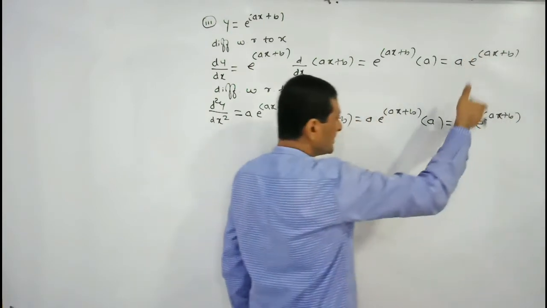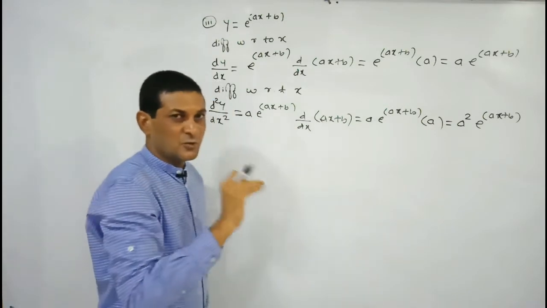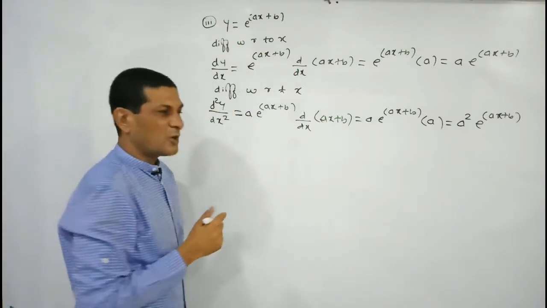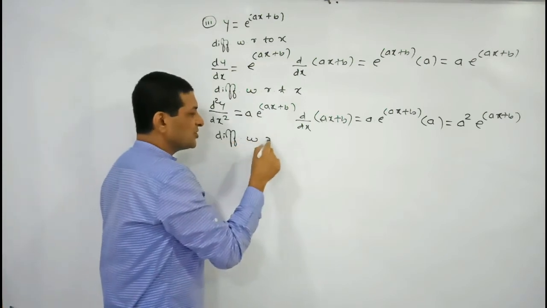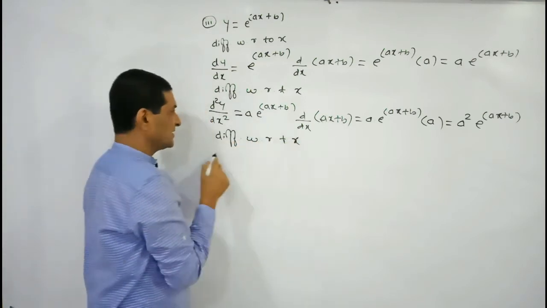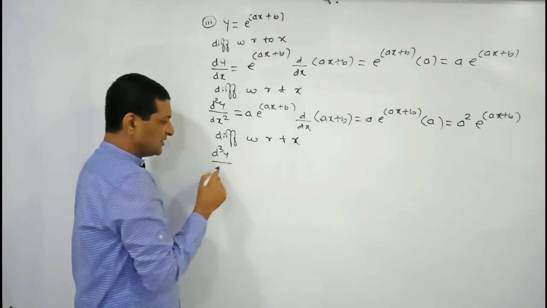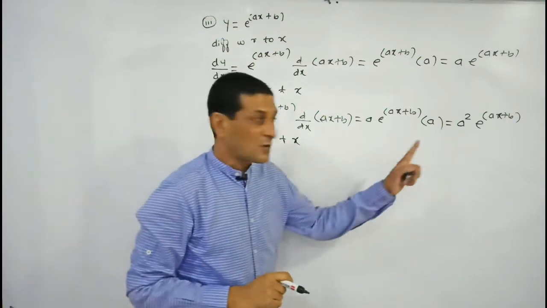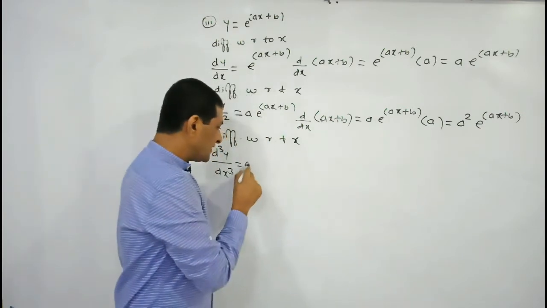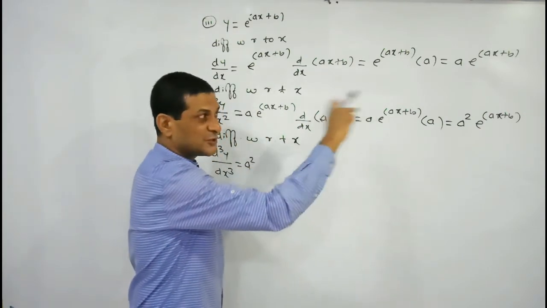Here from observing these two results also we are able to conclude what is the value of nth order derivative, but till we are finding third order derivative also. Differentiate it with respect to what? x. So third order derivative d3y upon dx cube will be equal to, here a square is a constant term, keep it as it is. Now function is in the form of e raised to power f of x.